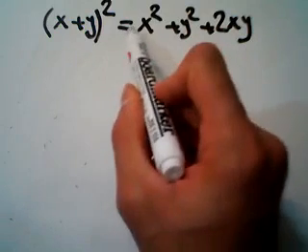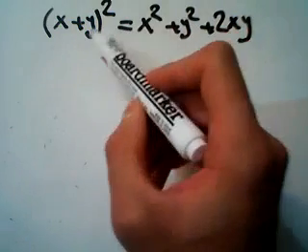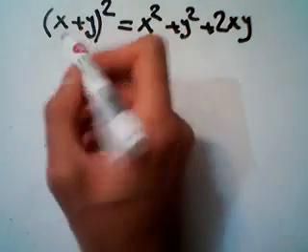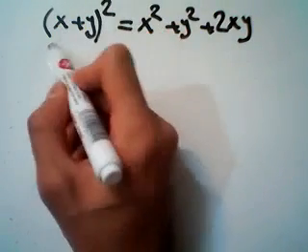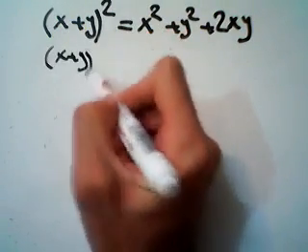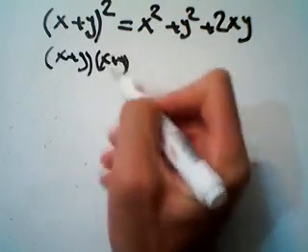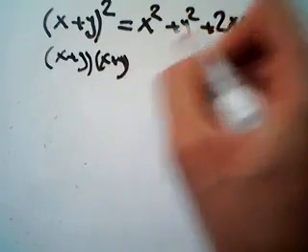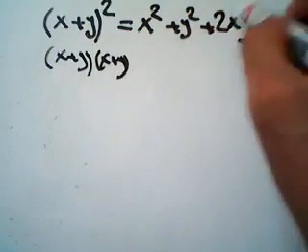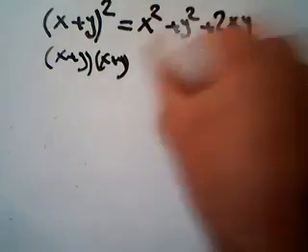Now, where did that come from? This is just x plus y times x plus y, and if you do this multiplication, you could derive this.